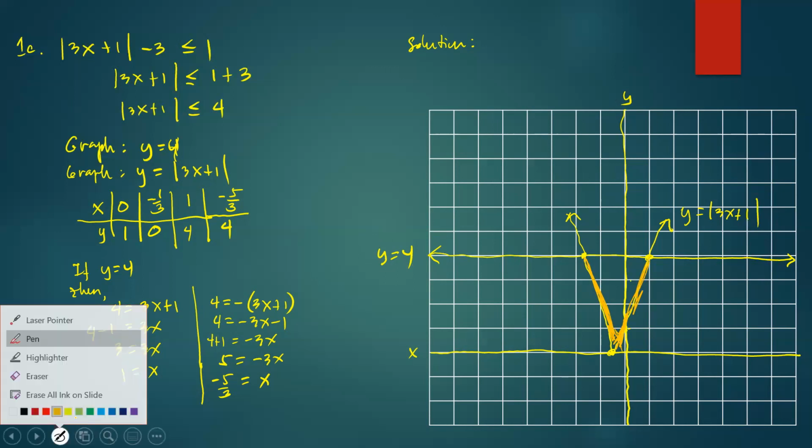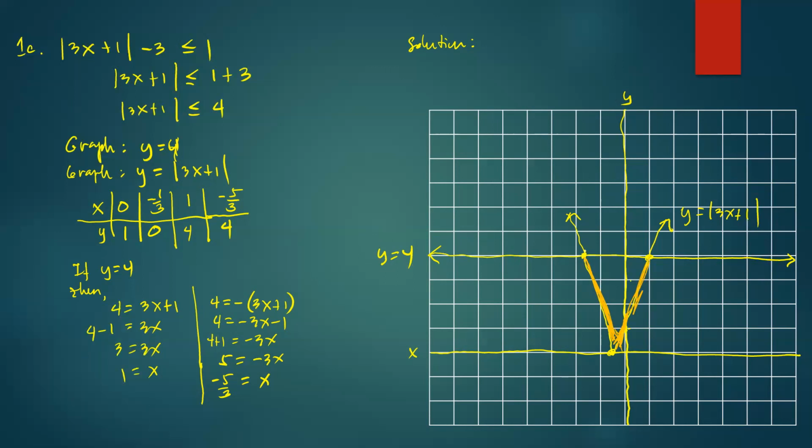So therefore, our solution set is, what is the value of x here? That is negative 5/3. And the value of x here is 1. Right? So therefore, our solution set is x is greater than or equal to negative 5/3, but less than or equal to 1. Okay, so again, 1 point for the graph and 1 point for the solution set.